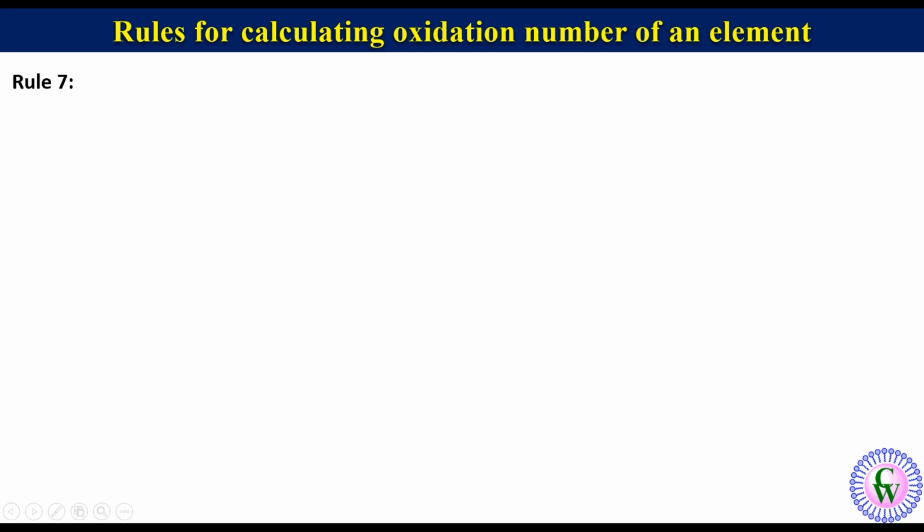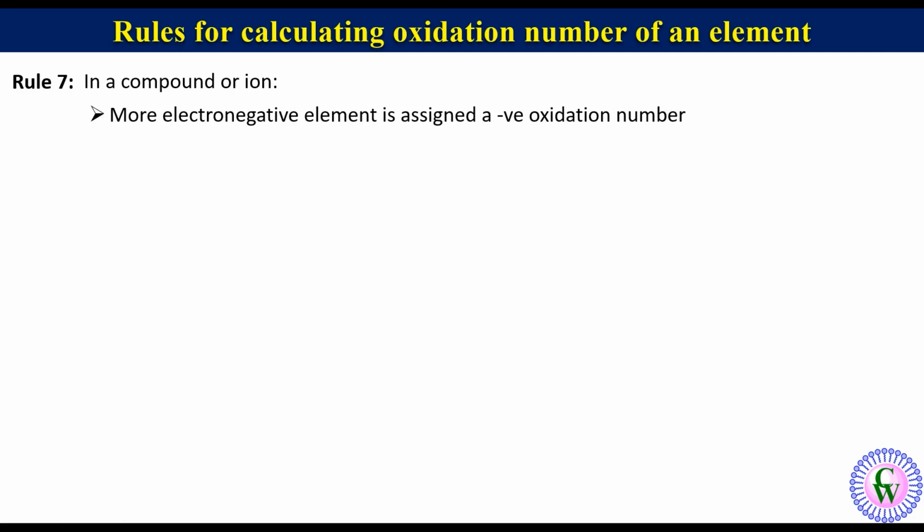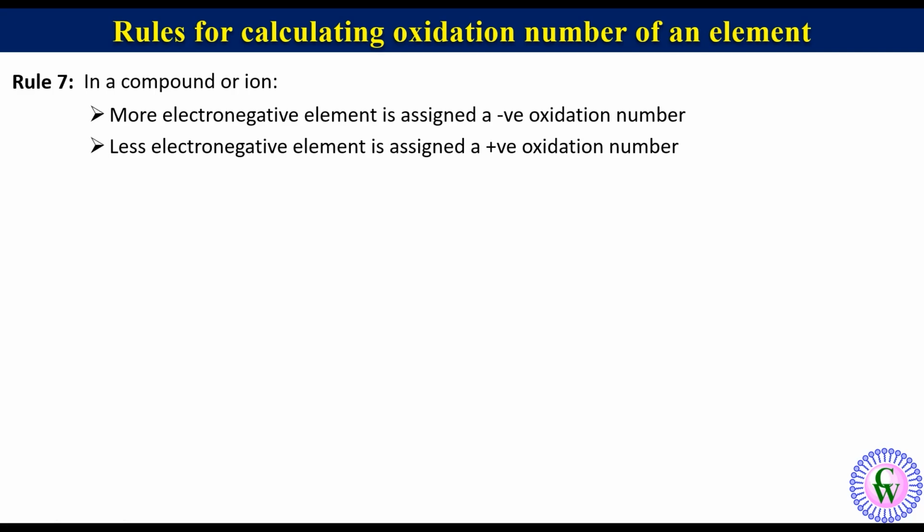Rule number 7. In a compound or ion, the more electronegative element is assigned a negative oxidation number, while the less electronegative element is assigned a positive oxidation number. For example, OF2. Here, electronegativity of fluorine is greater than the electronegativity of oxygen.